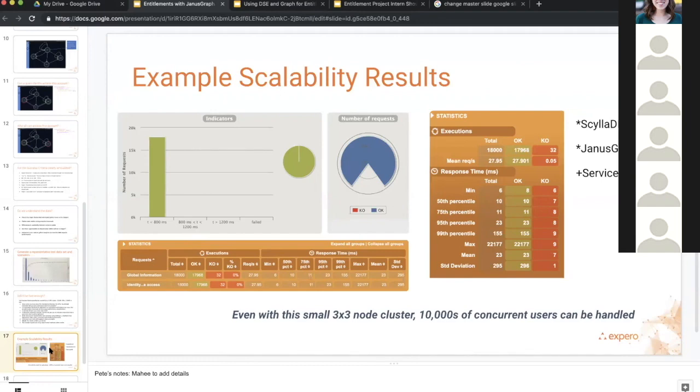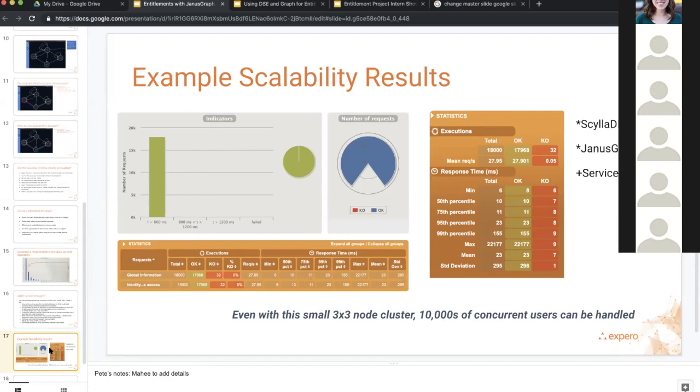We were able, in this particular instance, to test the number of resources that a particular identity has access to with a load of 10,000 concurrent users through an API, and we had P95s here in the order of 23 milliseconds. We failed in the 99th percentile, but in the 95th, we were still at 23 milliseconds.